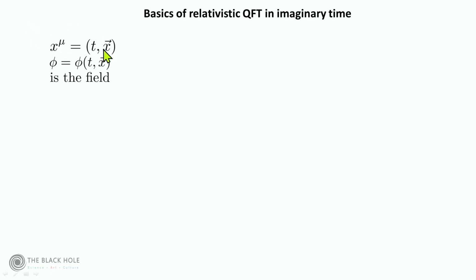This is just a label. Instead, at this point, there lives a field. That field is phi. So, of course, this is the mathematical definition of a field. A field is just something which depends upon where you are at a particular time. That's what a field is. And the simplest case of a field is a scalar field. You can have vector fields, tensor fields, whatever.